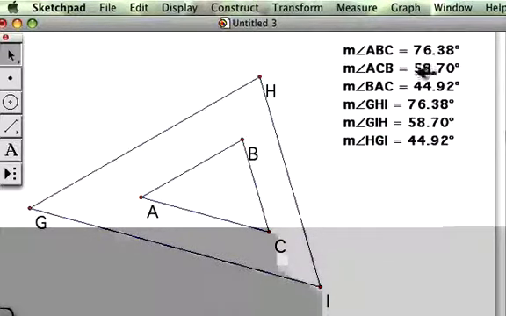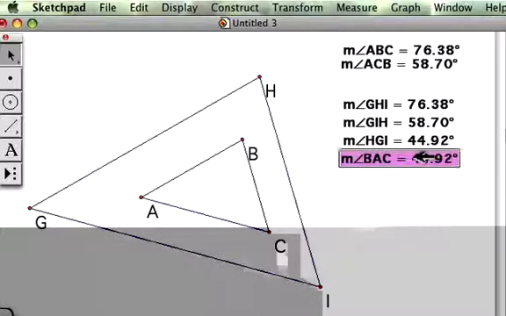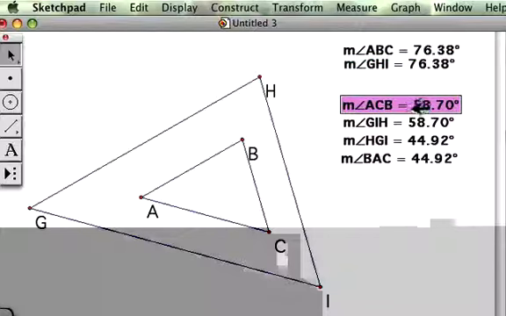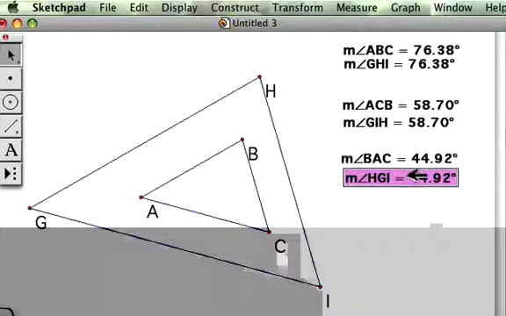And you'll notice if we rearrange these measurements, I'll bring this one down first. You should start to notice a pattern here.